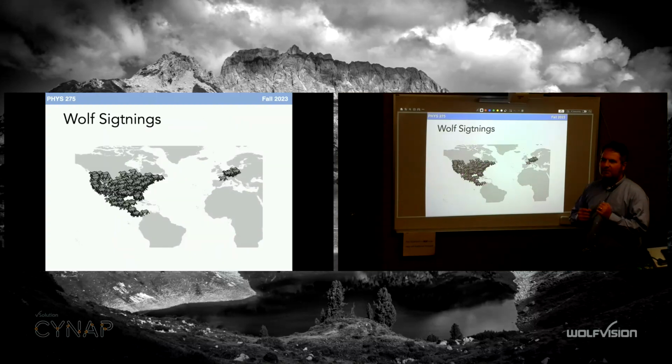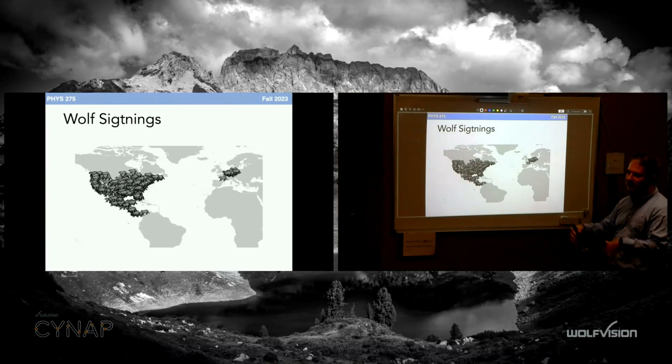Wolf sightings. This is one of those favorite things. What happens if I stick all my points on a map? Usually that's sort of a knee-jerk reaction. If anybody gets data, you go like, all right, well, let's see where this all happened. And that's all well and good, but do you think wolves live up here in Canada? Probably.